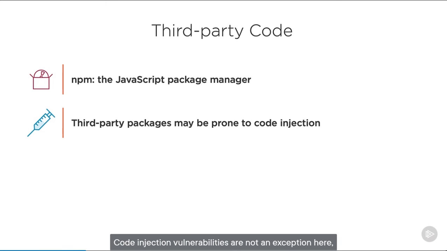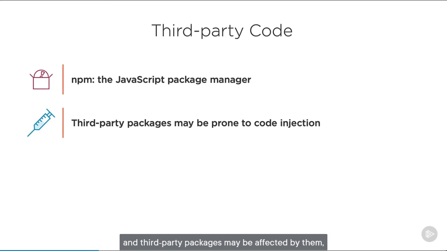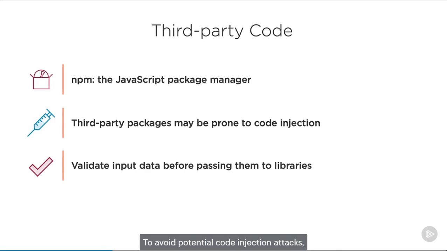Code injection vulnerabilities are not an exception here, and third-party packages may be affected by them just like your own code. To avoid potential code injection attacks, you should validate input data before passing it to external libraries. Otherwise, you are at risk of accidentally opening your application to remote code execution attacks.